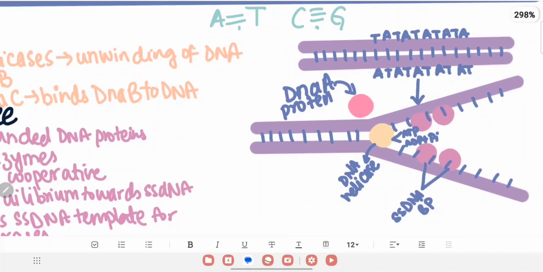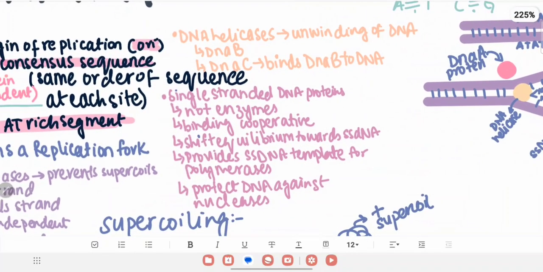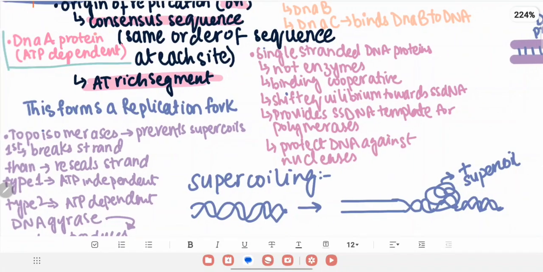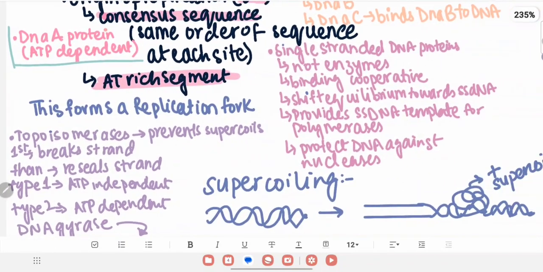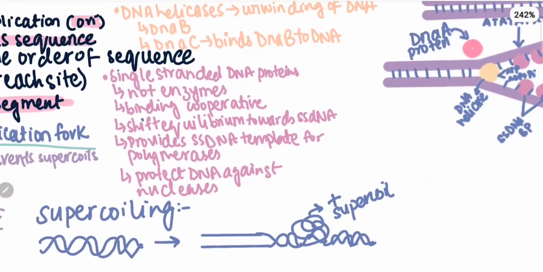So this is a DNA A protein. It's going to bind to an AT-rich segment like here, and it is going to break those bonds. And breaking of those bonds will form a replication fork.